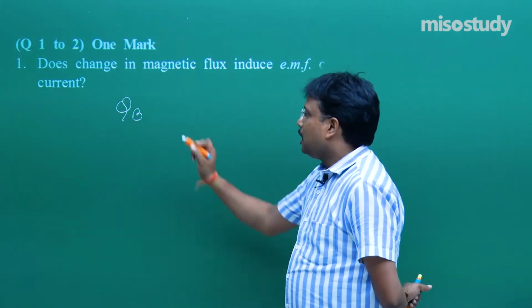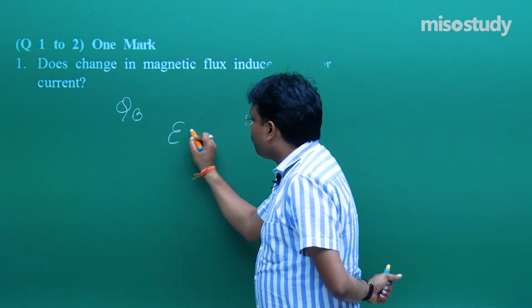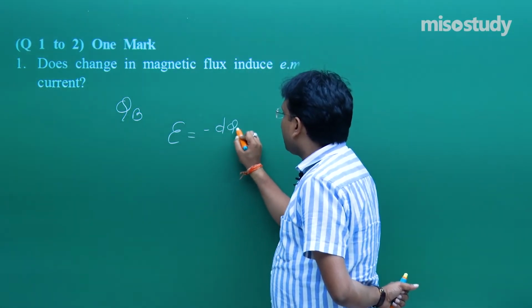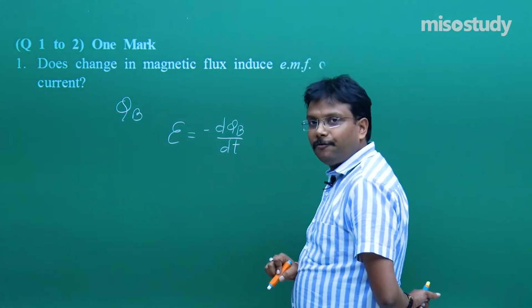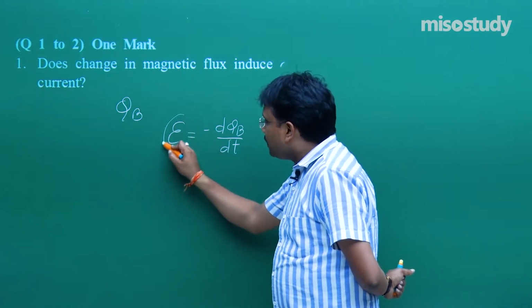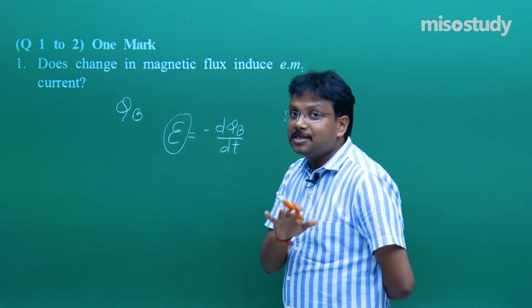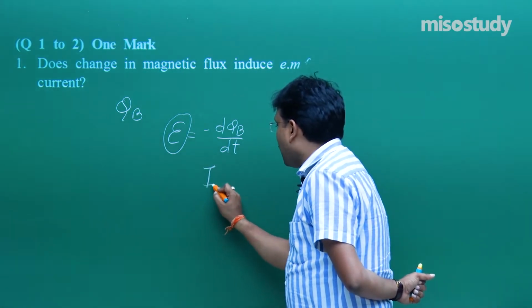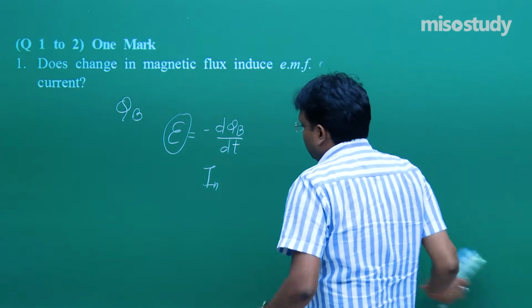So simple, till now we learned that induced EMF is equal to minus d phi b by dt.